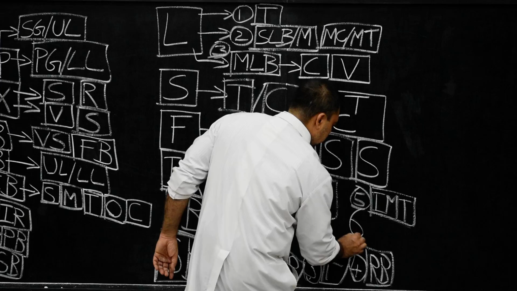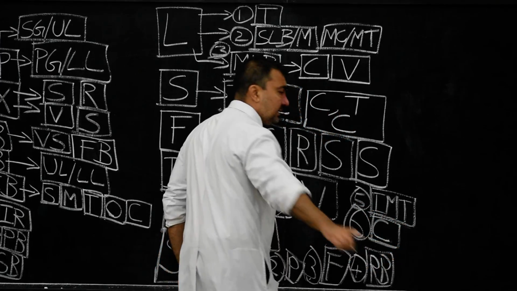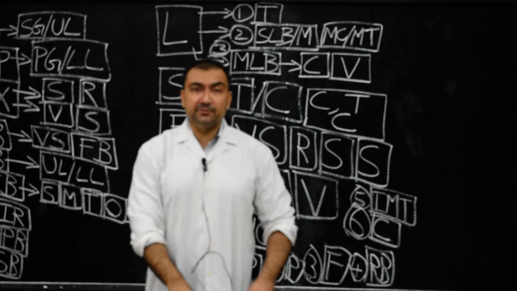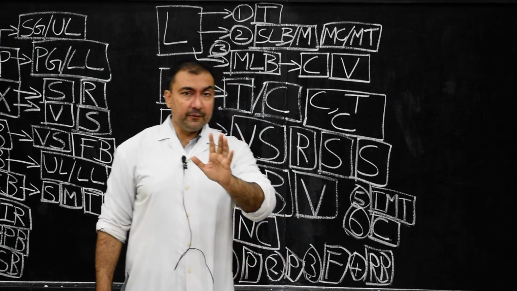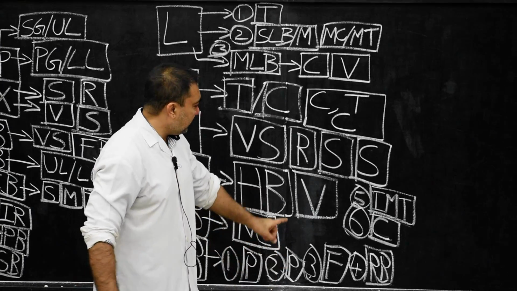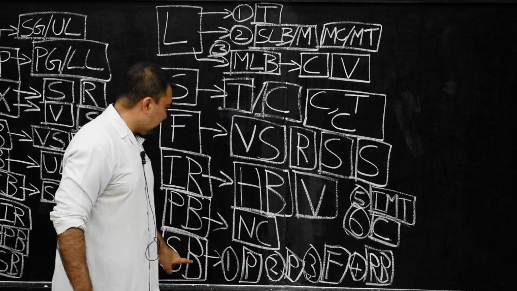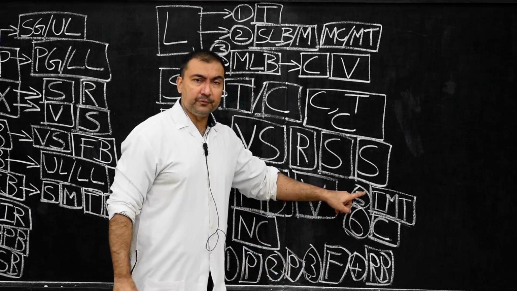And sixth, at the cuboid bone, where the tendon of peroneus longus is present. These are the 6 important sites which are also asked as MCQs. They are present as sesamoid bones in the human body. Remember these 6 different sites, very, very important.